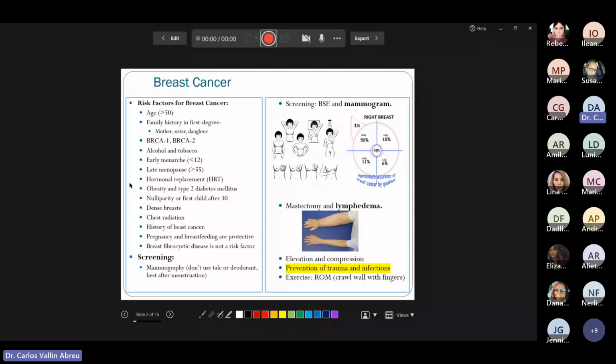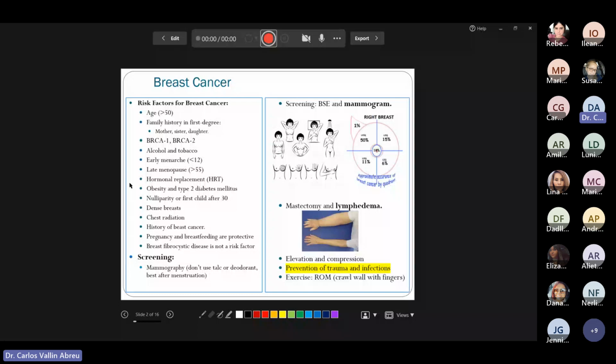So family history is super important, but it must be family history in the first degree. It's a detail that you need to incorporate. First degree is mother, sister, and daughter, because it's a cancer of women.